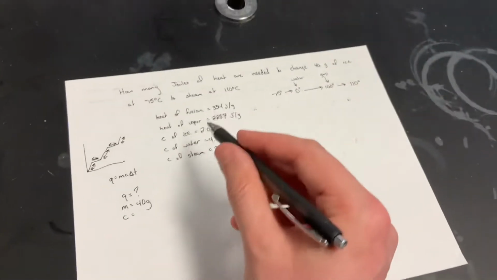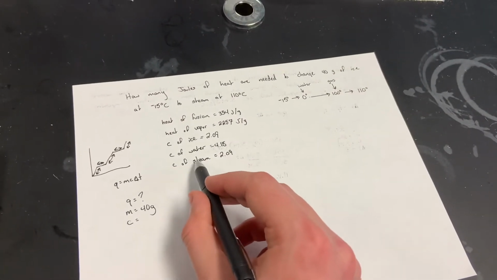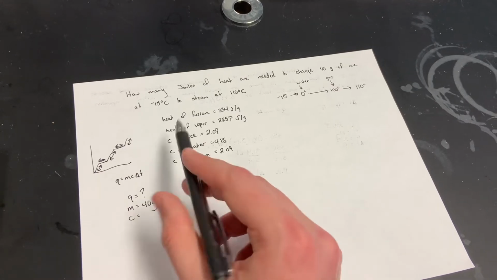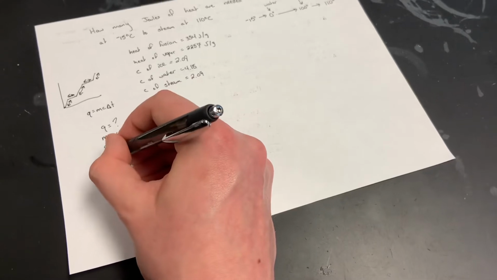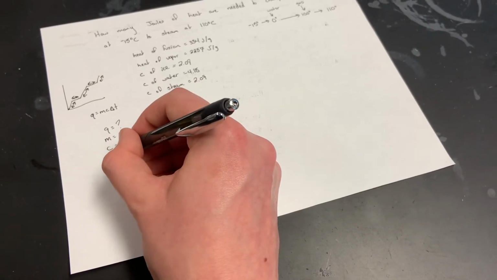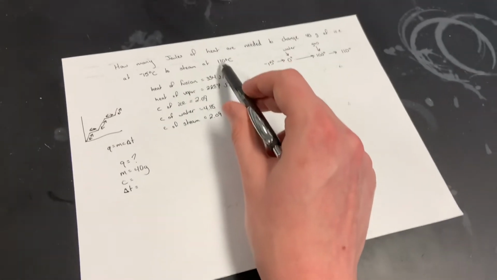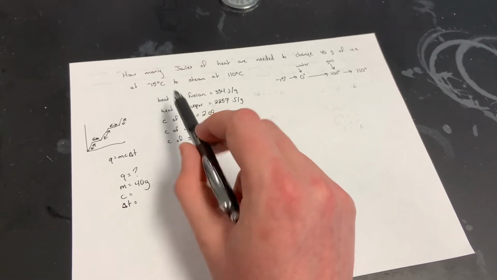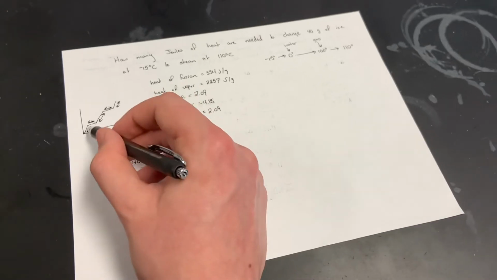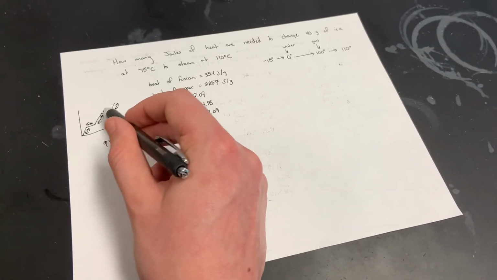Our specific heats, those are given to us. We just have to change based on what area of the heat curve we're in. And then our change in temperature, a lot of people are going to be like, well, we go from 110 to negative 15, so ta-da, it's 125. But you have to factor in each part of the curve.